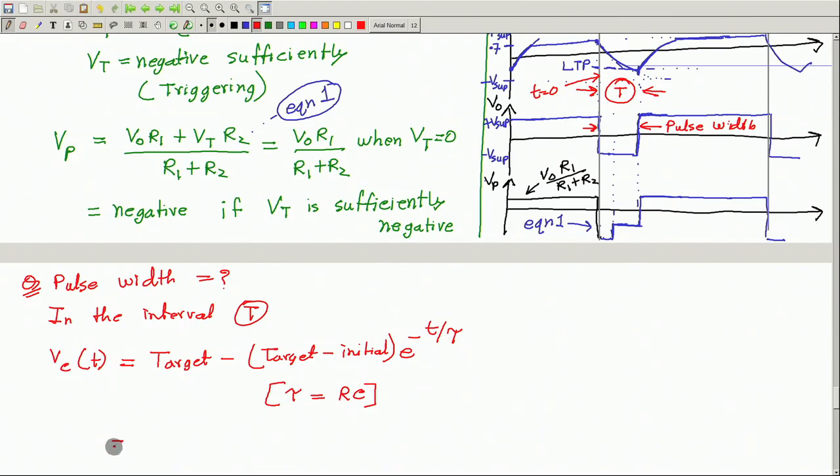Now, what is the target voltage? Target voltage is LTP. No, target voltage is not LTP, target voltage is minus V supply. It was trying to go to minus V supply.